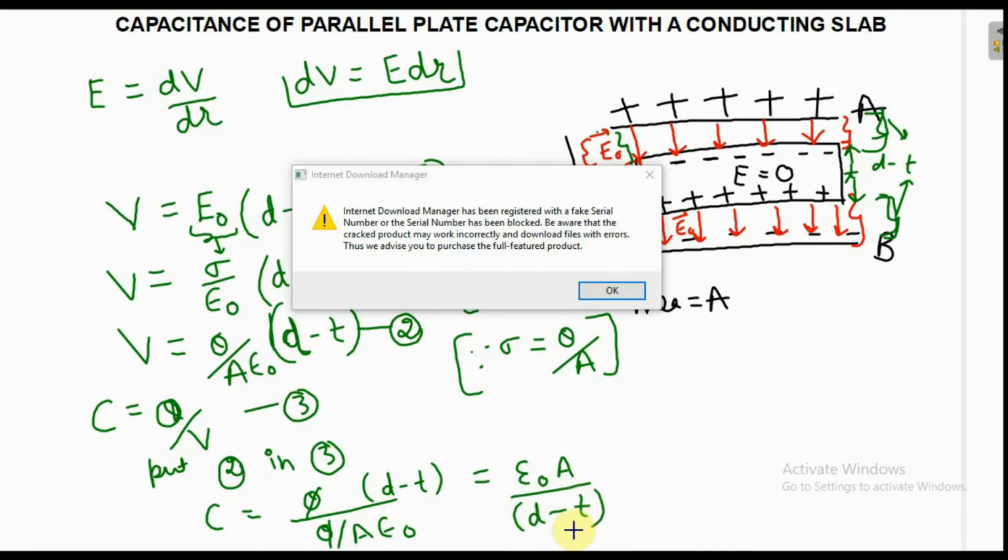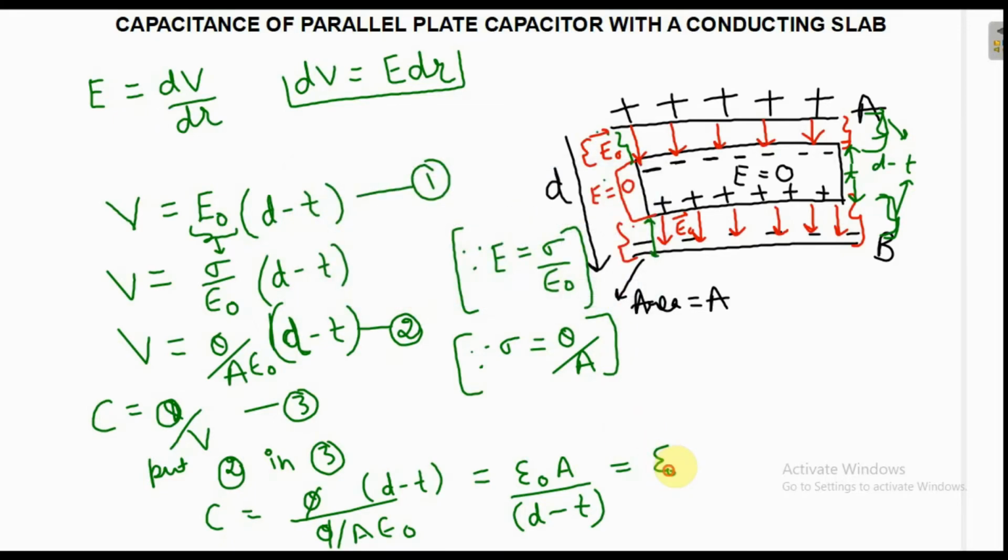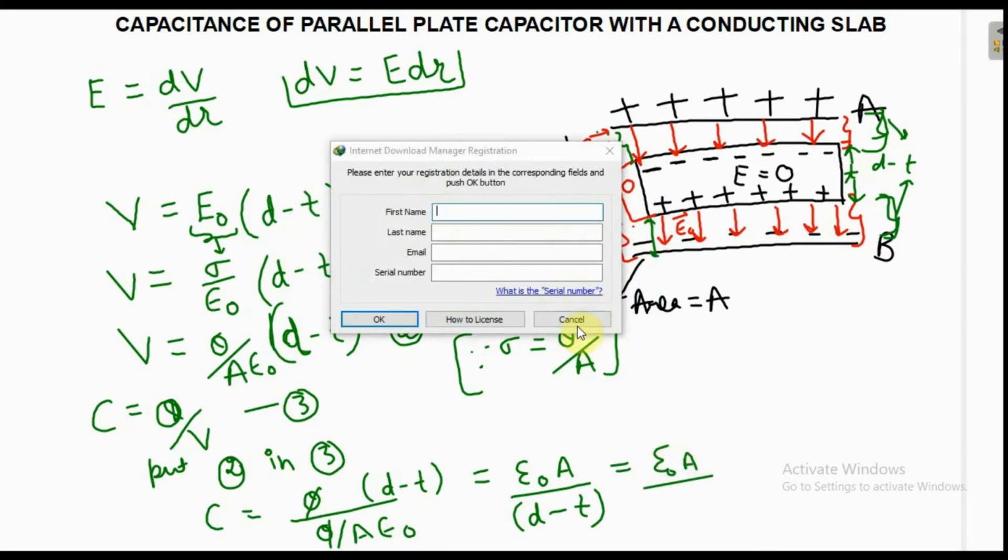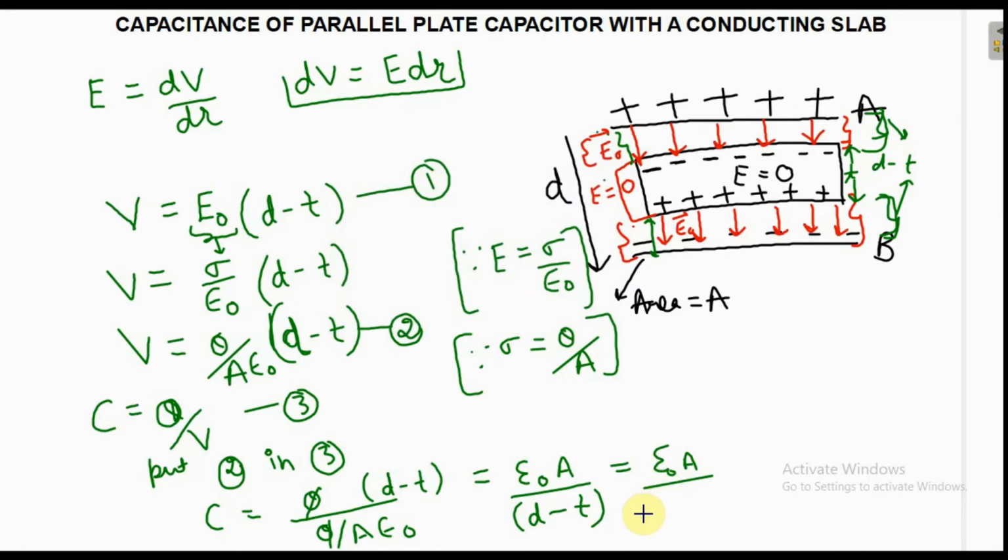In the next step we will take out D common. You will get D into 1 minus T by D. And if you remember in the first chapter, capacitance of parallel plate capacitor is epsilon naught A by D. You can take it as equation star.